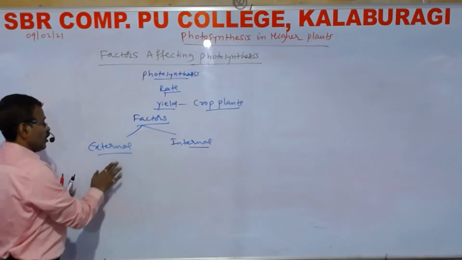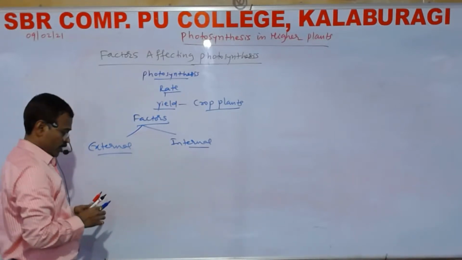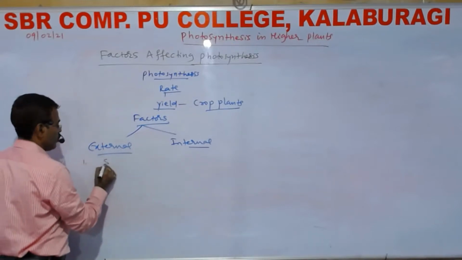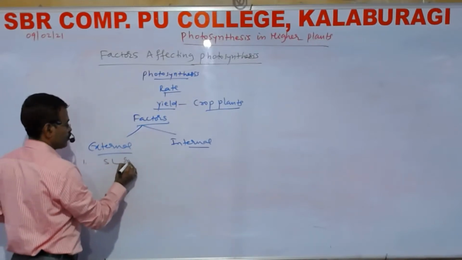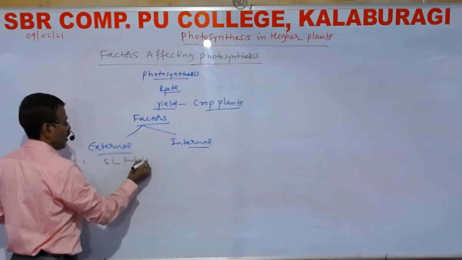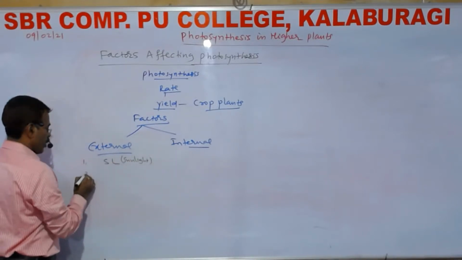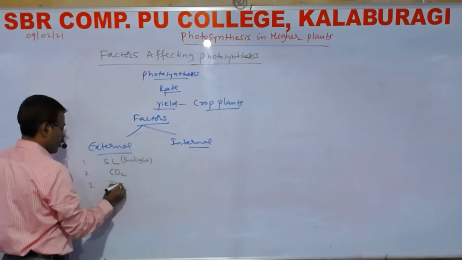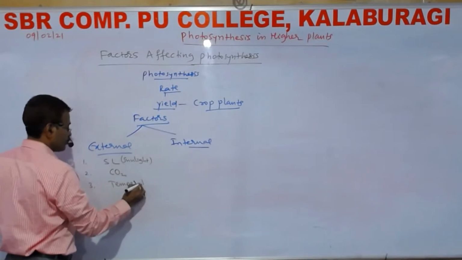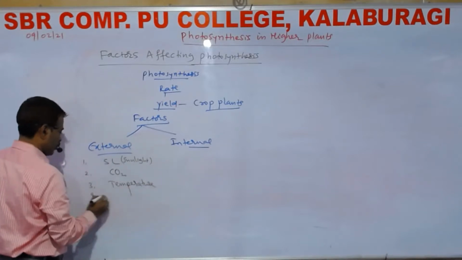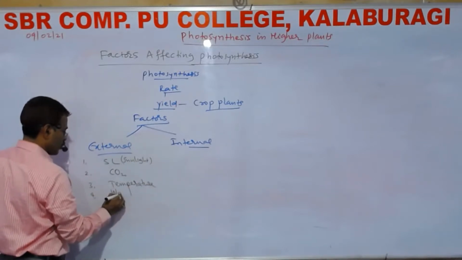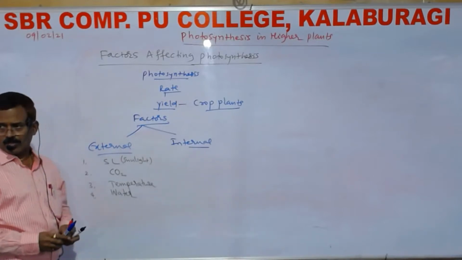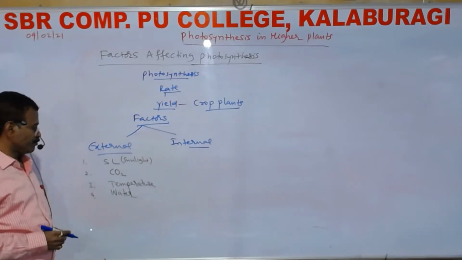So here, which are the external factors which affect the photosynthesis? Mainly, we have sunlight. Then you have carbon dioxide, temperature, water. These are the four external factors which have been given in the book.